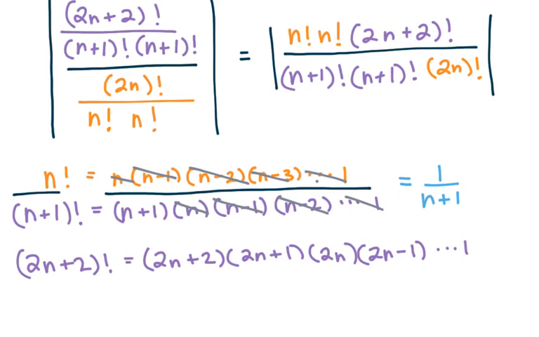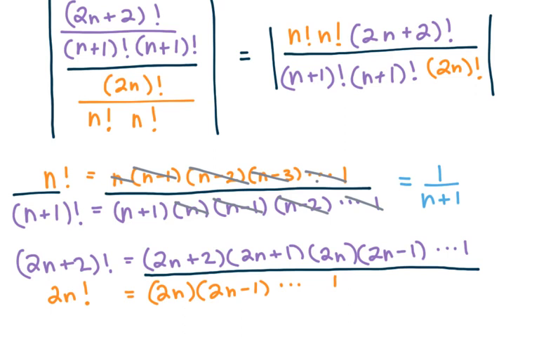And if I look at 2n factorial, that is 2n, 2n minus 1, and I see that 2n minus 1 up right above on the row. So this is going to multiply all the way down to 1 as well. And when I look at what I can cancel here, I notice 2n over 2n, 2n minus 1 over 2n minus 1, all the way down to 1.